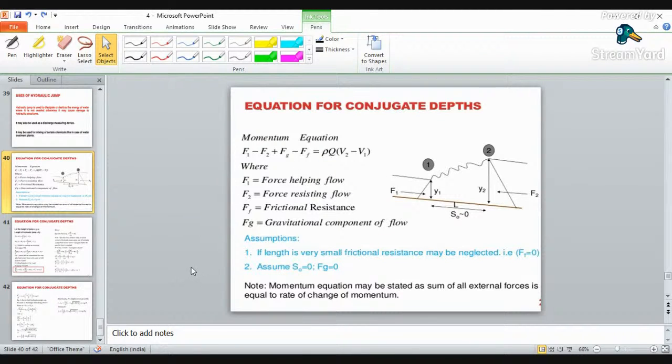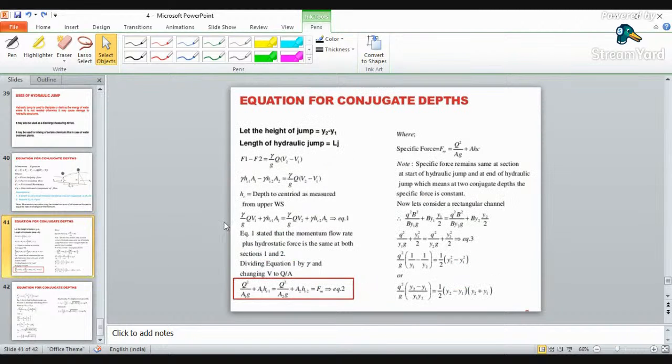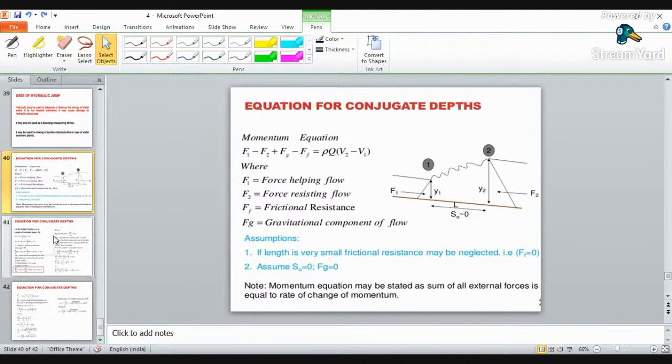When you equate the pressure forces with the momentum equation, F1 minus F2, that is the loss in pressure force, must be equal to the change in momentum. The change in momentum is rho Q (V2 minus V1).